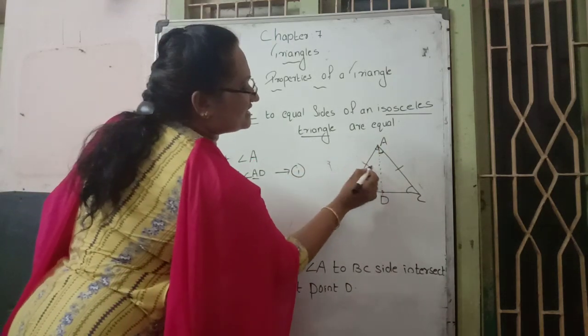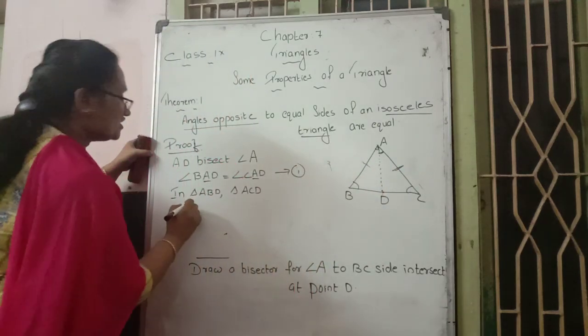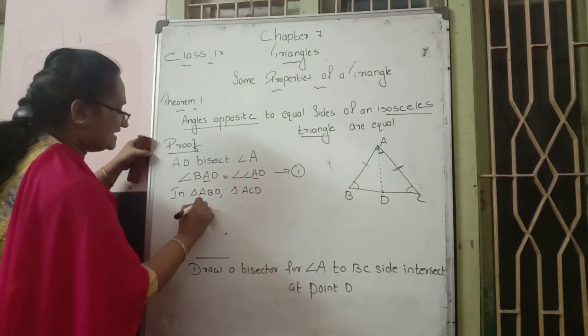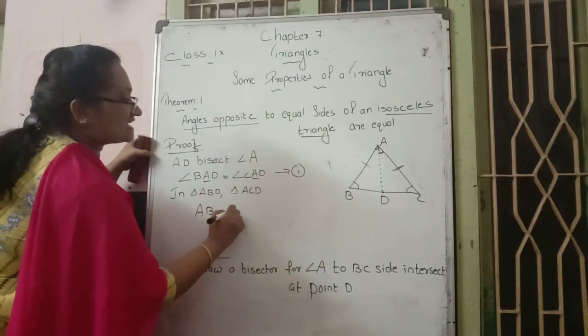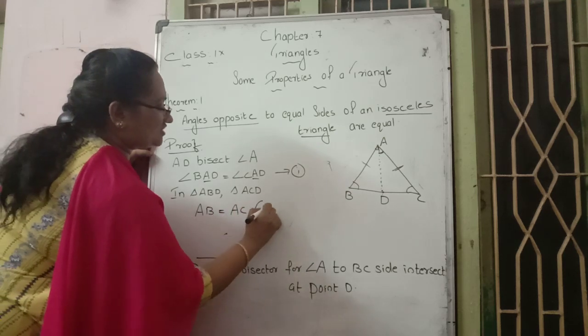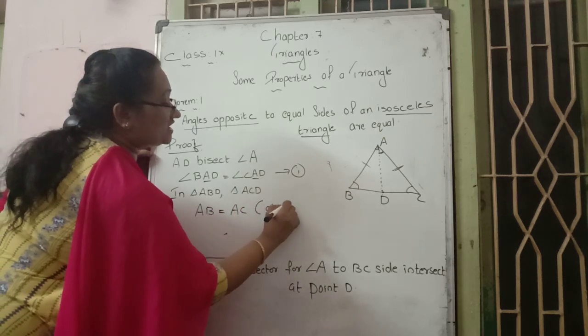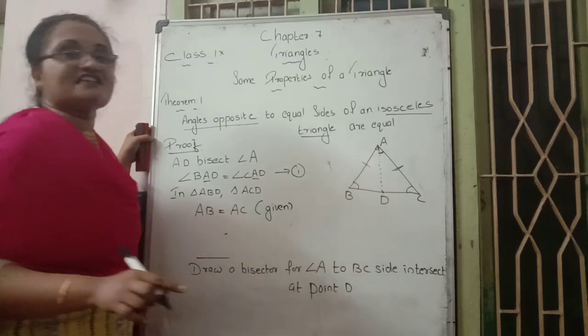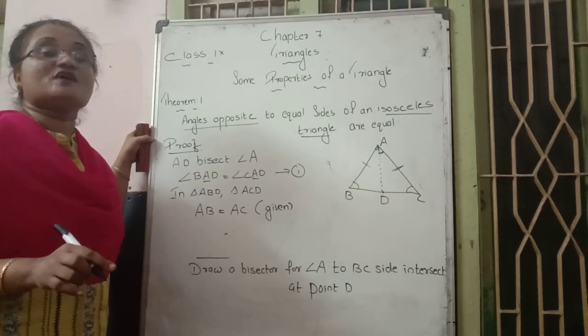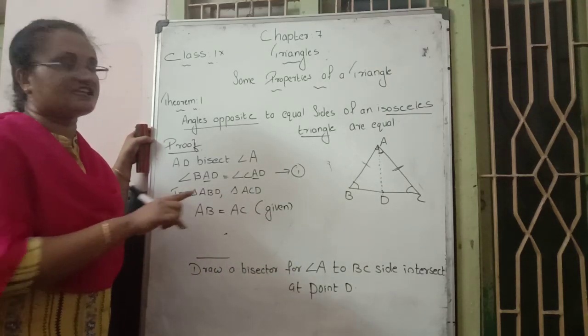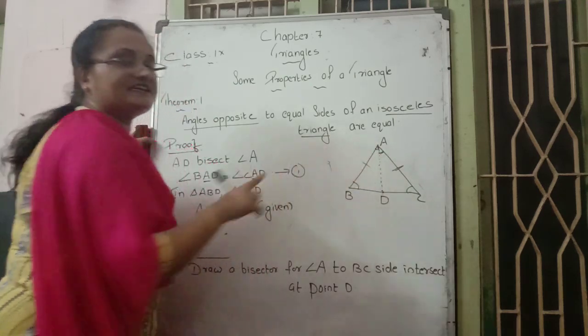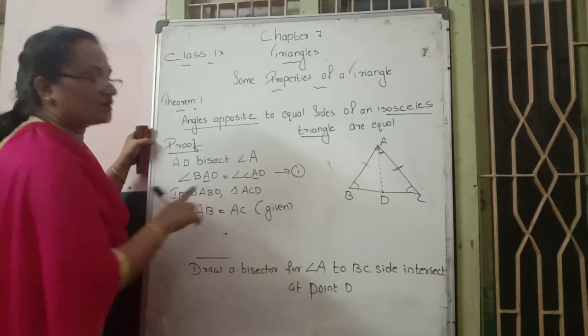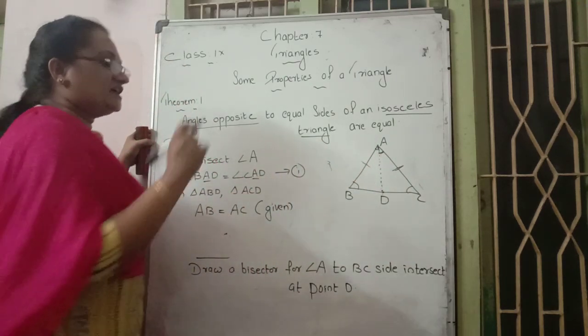This symbol represents equality. So we can say side AB and side AC are equal. It is given in the question, because they say the triangle is isosceles. That's why AB and AC are equal, so we mark it on the diagram.